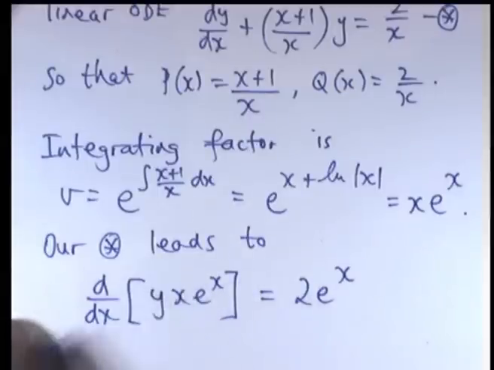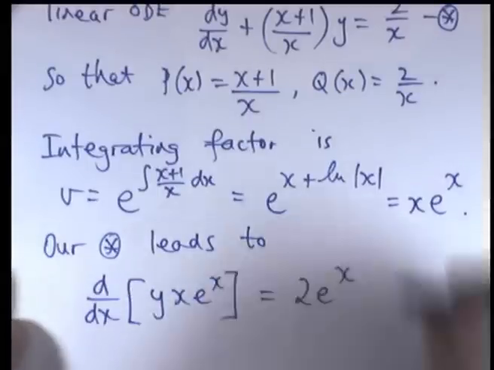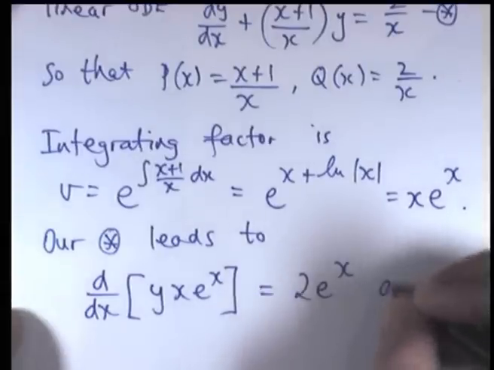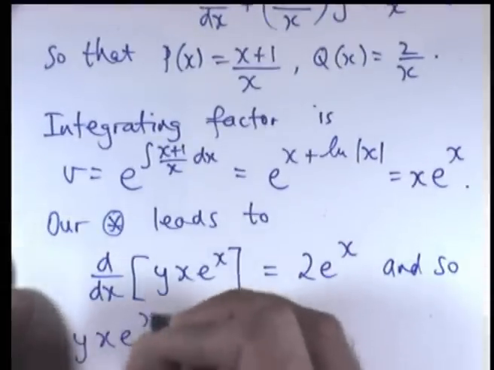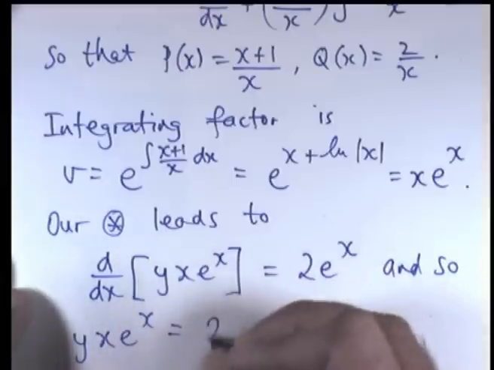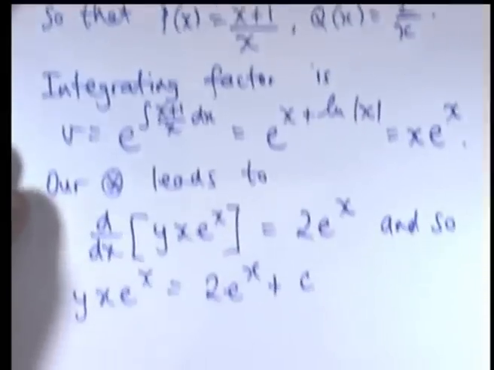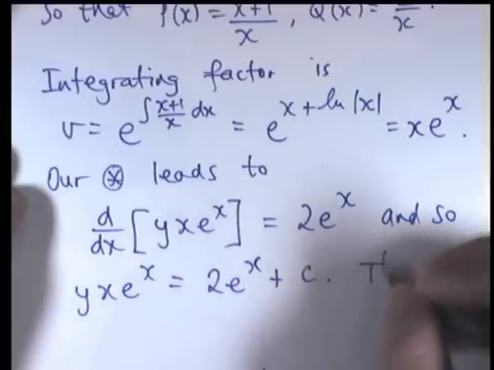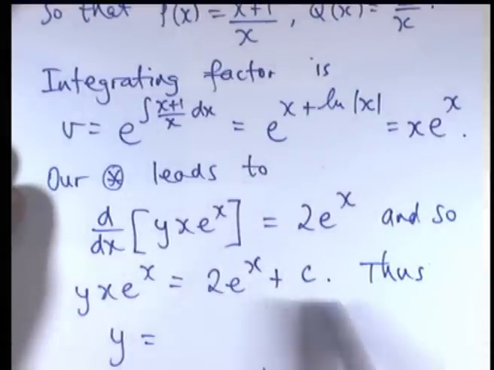So what do we do now? We integrate both sides because we want to get this out of that d dx. Integrating this, I'm going to get 2e to the x plus a constant of integration. So rearrange, bring that over to the other side.